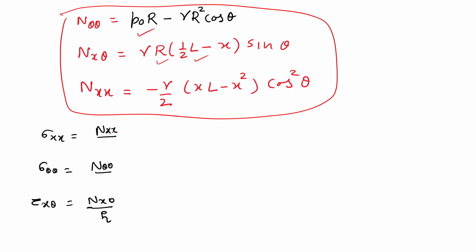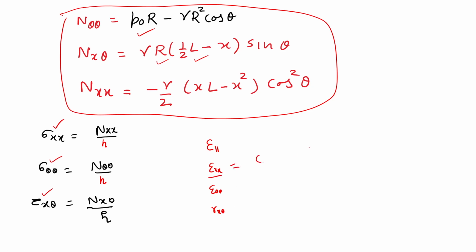Now, we can say that sigma xx is equal to nxx by h. If divided by h, that will be the average stress. These are the average stresses, tau x theta, sigma theta theta and sigma xx. And after that, we have already derived the expression of epsilon xx, epsilon theta theta and gamma x theta.